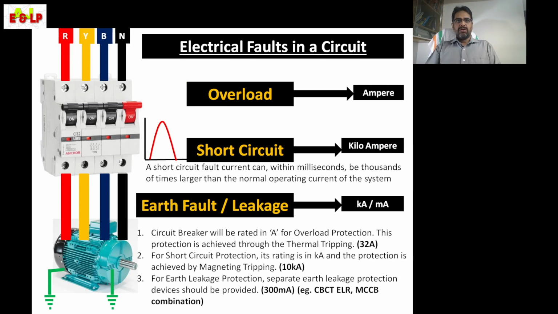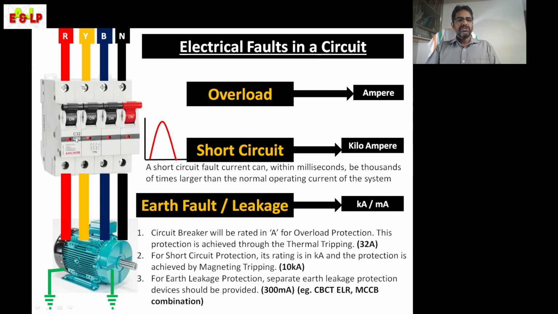Now, to understand some details of the switchgear, we should know what is overload and short circuit. See, overload means the current is going beyond a limit. See here, one motor is shown, which is fed through an MCB, and overload means when the current goes beyond a limit, it will automatically trip.